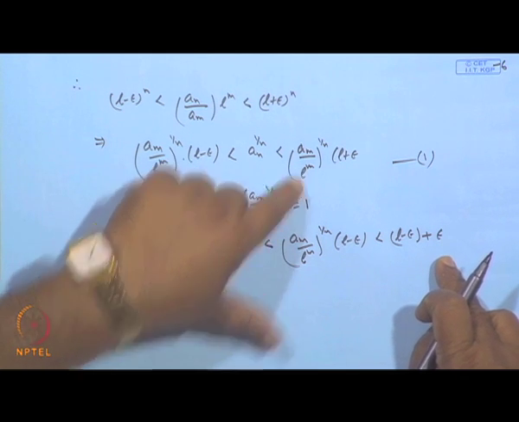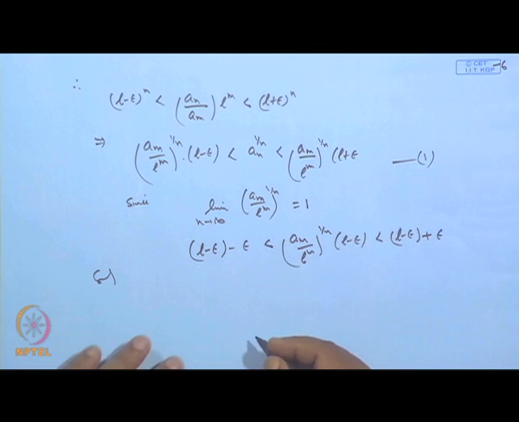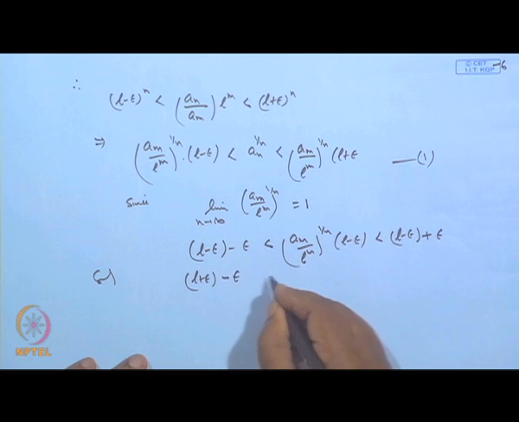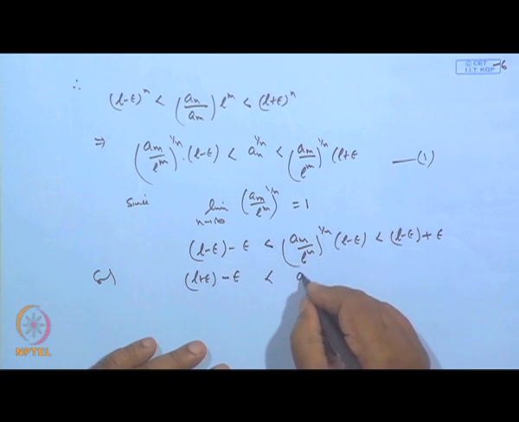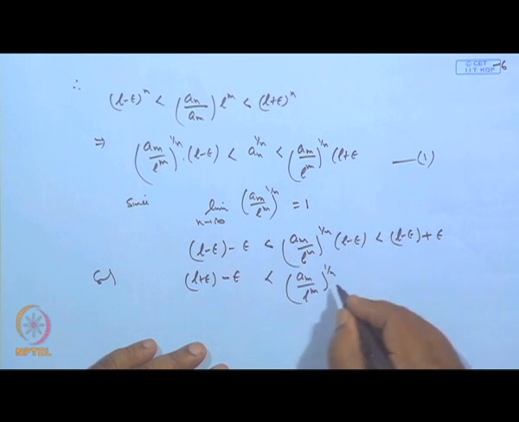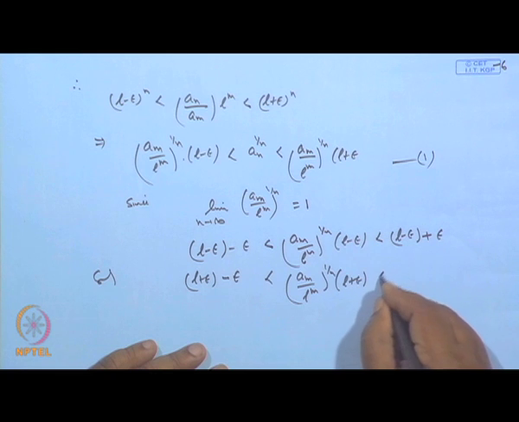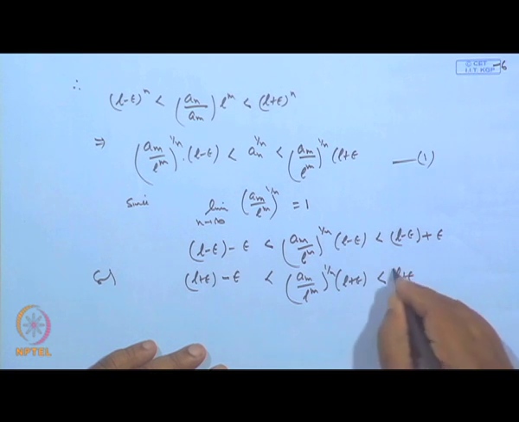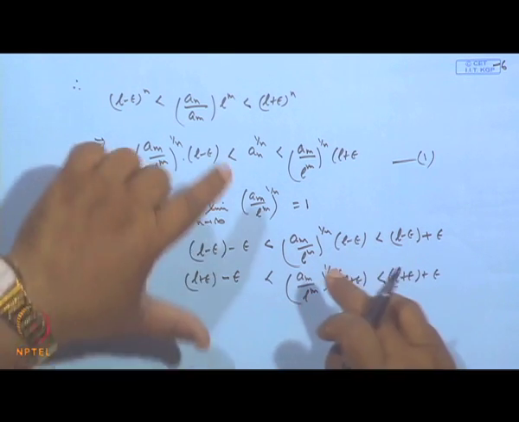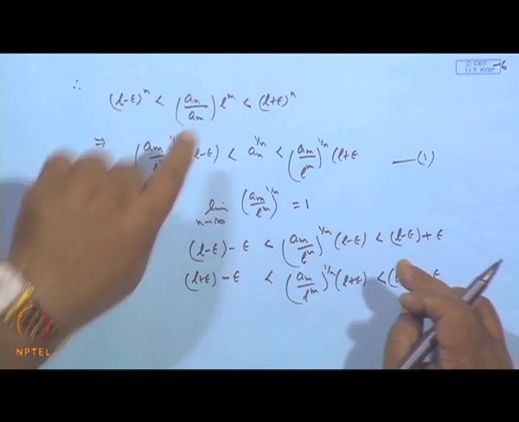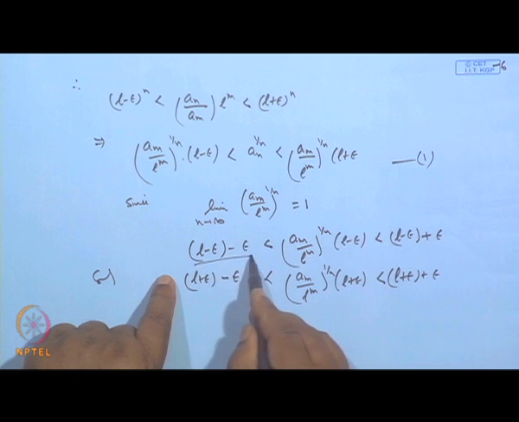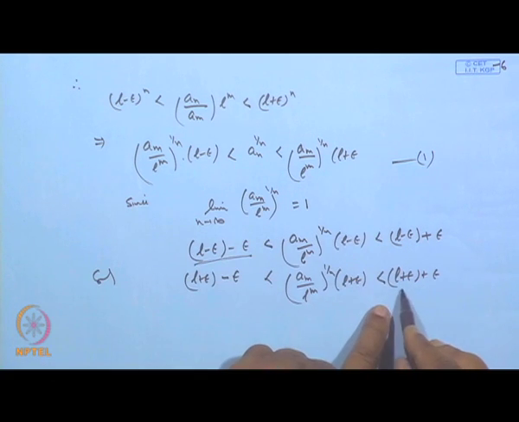Similarly, this term will also lie between L plus epsilon L minus epsilon L and L plus epsilon L plus epsilon L. So what we conclude is that if I look at this entire thing, a_n to the power 1 by n, the lower bound will be L minus 2 epsilon L, and the upper bound will be this.